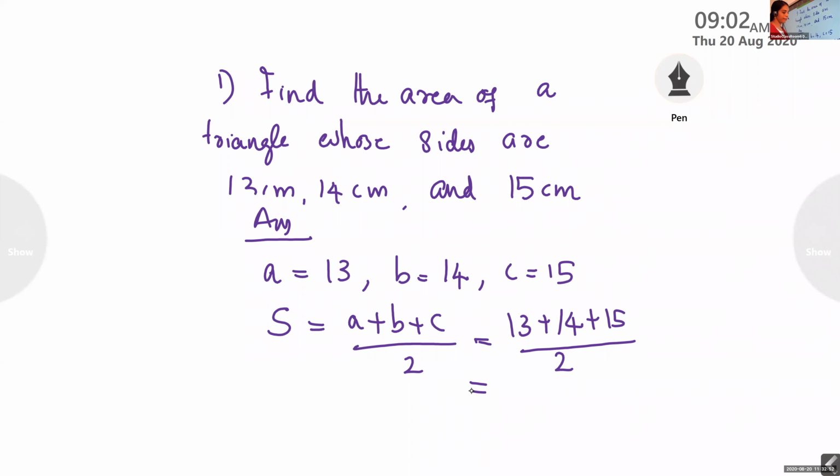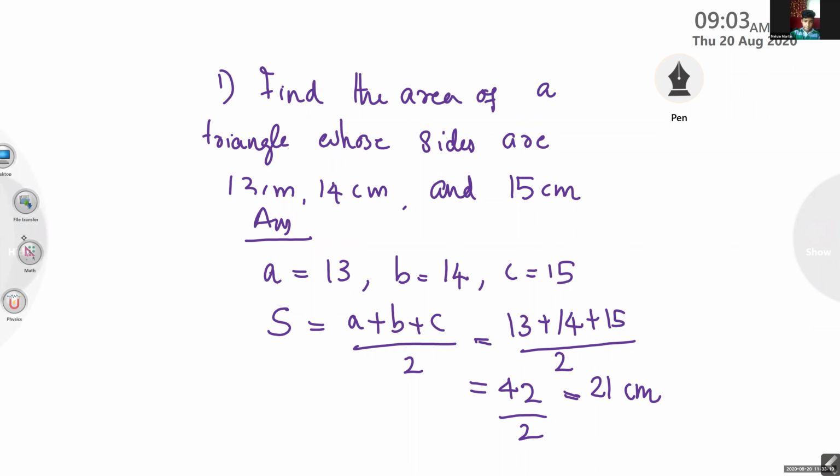Is it 42 by 2? It is 21 centimeter. Clear? So S equal to how much? 42 by 2, 21.